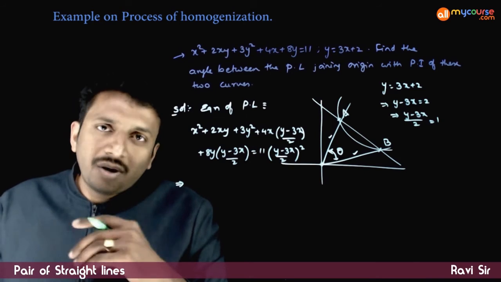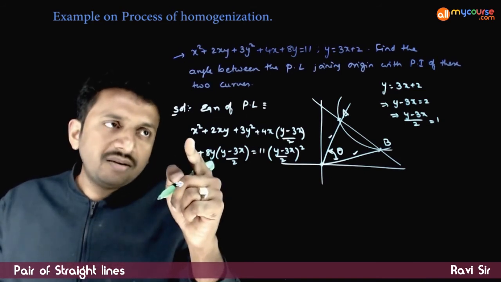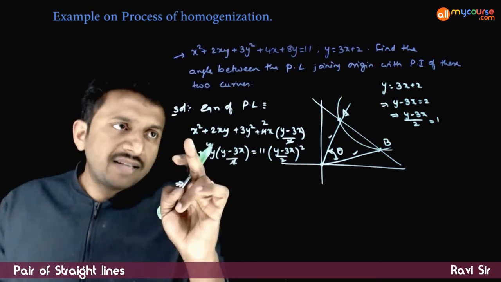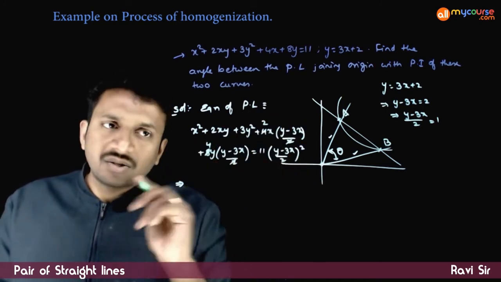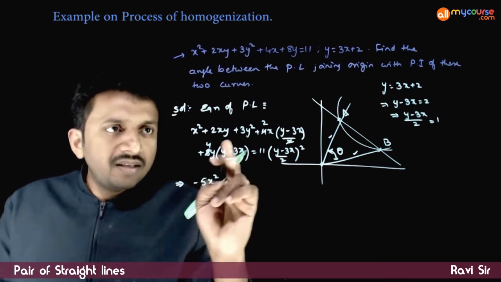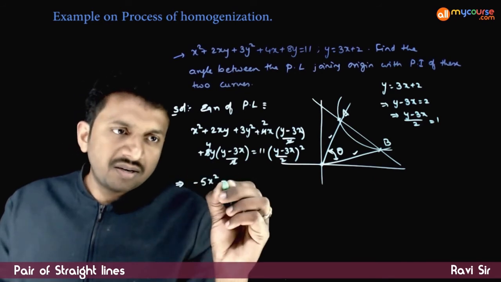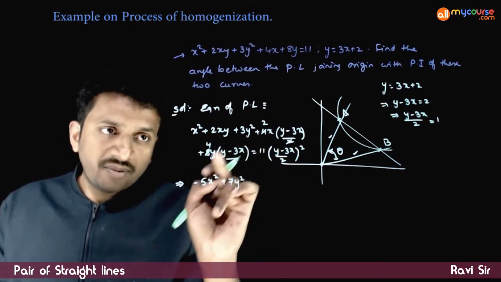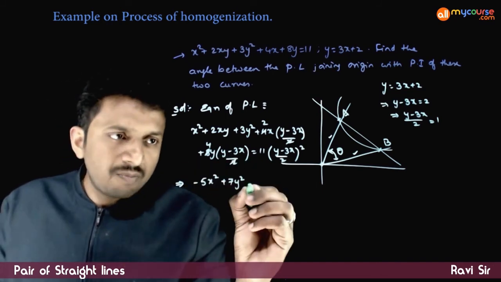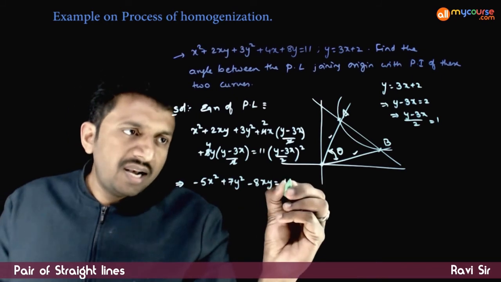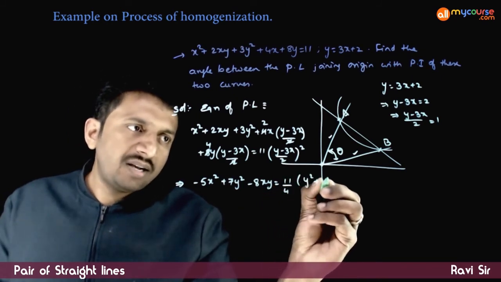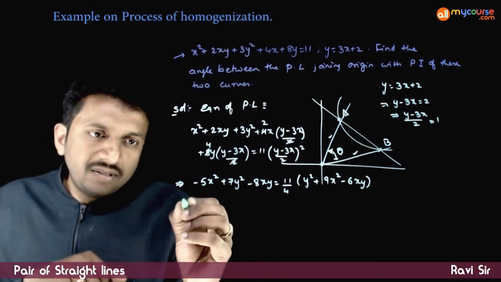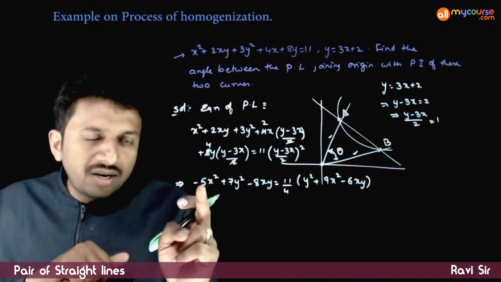So what is the effective x square term that you have? x square here, so this 2, let's cancel 2 times 4 times, so x square minus 6x square, so you have minus 5x square, 3y square plus 4y square is 7y square, 2xy plus 2xy is 4xy, minus 12xy, this minus 8xy is equal to 11 by 4 times y square plus 9x square minus 6xy. So this 4 gets multiplied here.